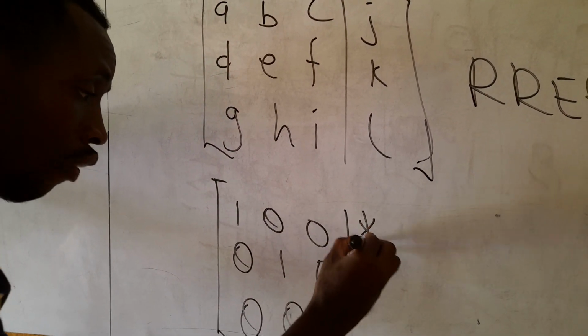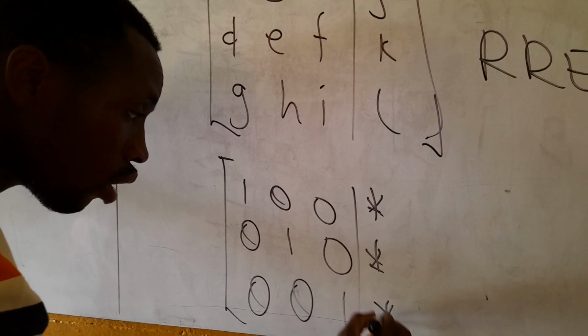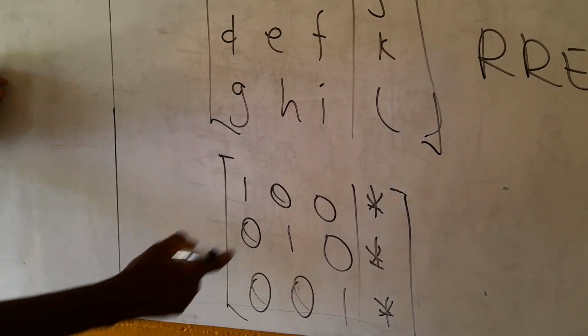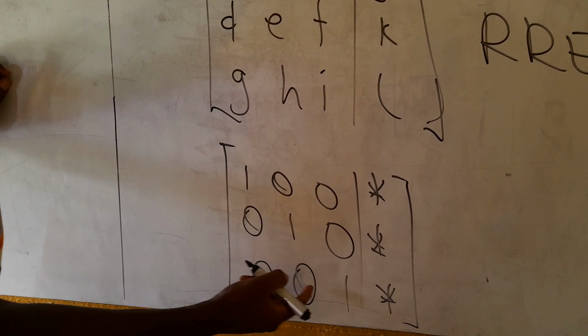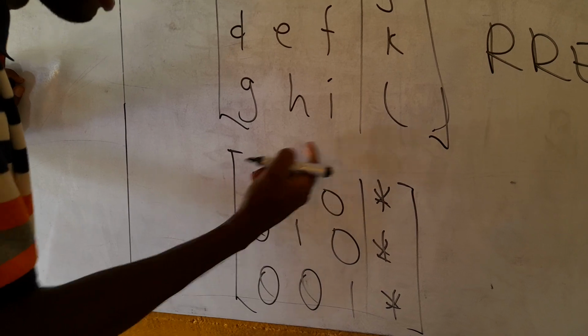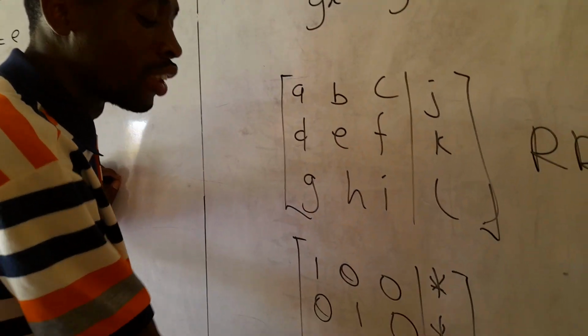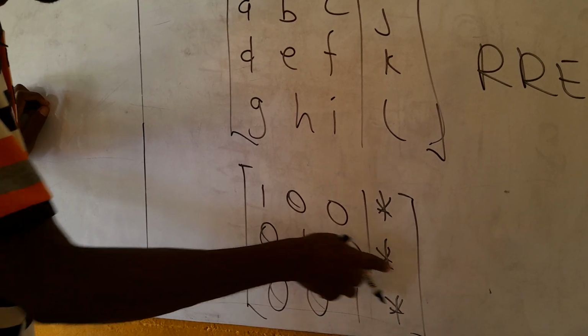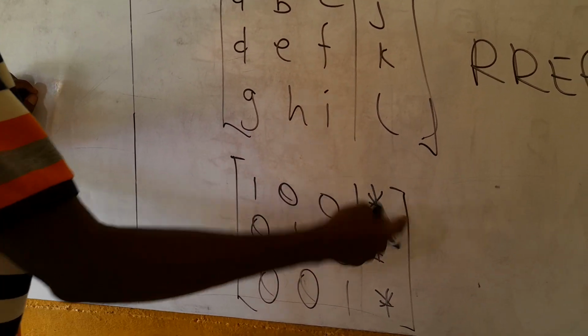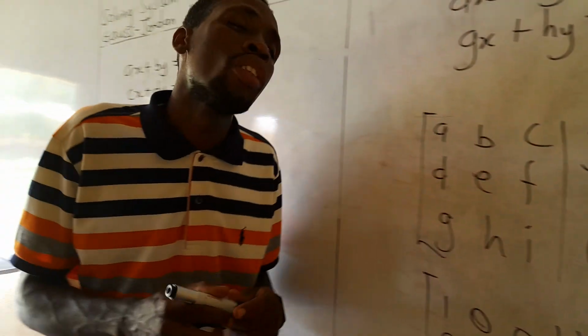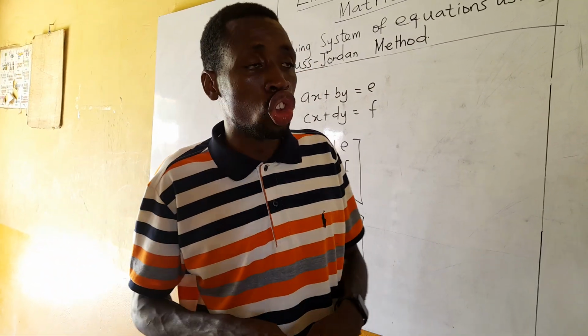Then we have our values here. Now look at it. All the entries in the leading diagonal are 1. All the entries below and above the leading diagonal are 0. So nothing like backsolve. Your z will be equal to the value here. Your y will be equal to the value here. And your x will be equal to the value here. So this is generally about the Gauss Jordan method.